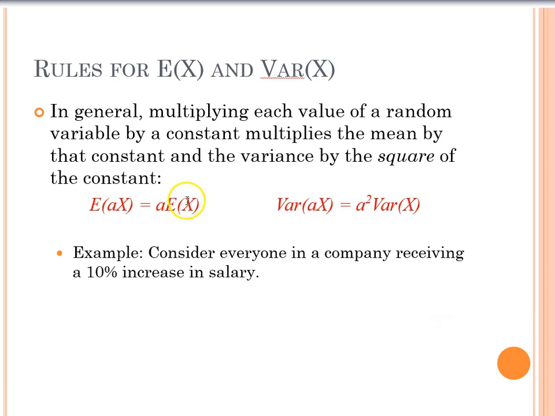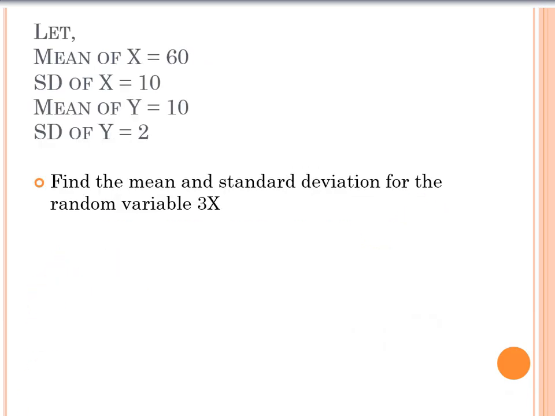That's going to change our expectation in the same way in which we change the outcomes. But it also changes our spread. And the way it changes our spread, or our measure of variance, is that the constant actually gets squared, and this is because the variance is a squared function. So let's work through a few problems so you can see these two rules in action.